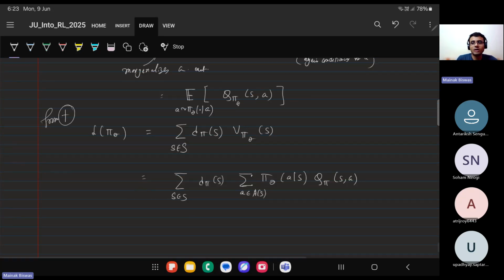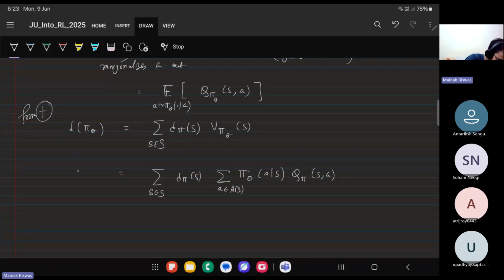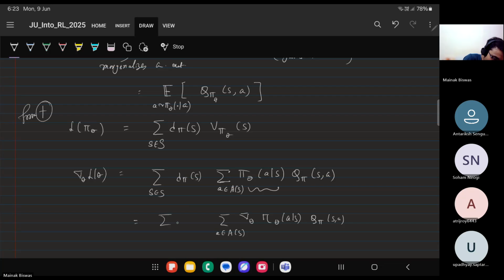Fine. So now an easy way to remember is the gradient of L theta. Just this depends on theta, so you just write down q pi of s, a.